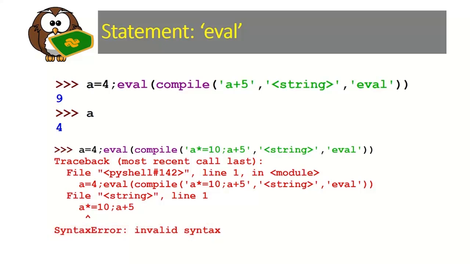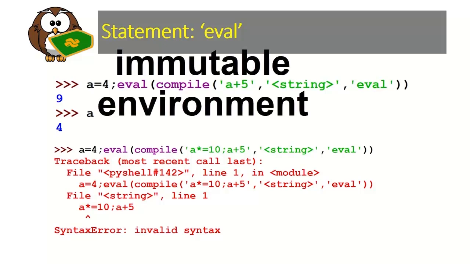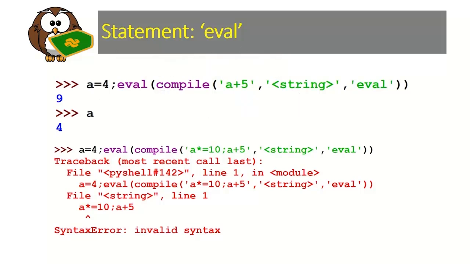So while eval can reach out and touch something in our environment, it's not going to modify it. And from a very loose point of view, you can think of eval as being a way to ensure that our environments are not mutating, and although it does indeed return a result, we might want to consider eval to be an immutable operation.